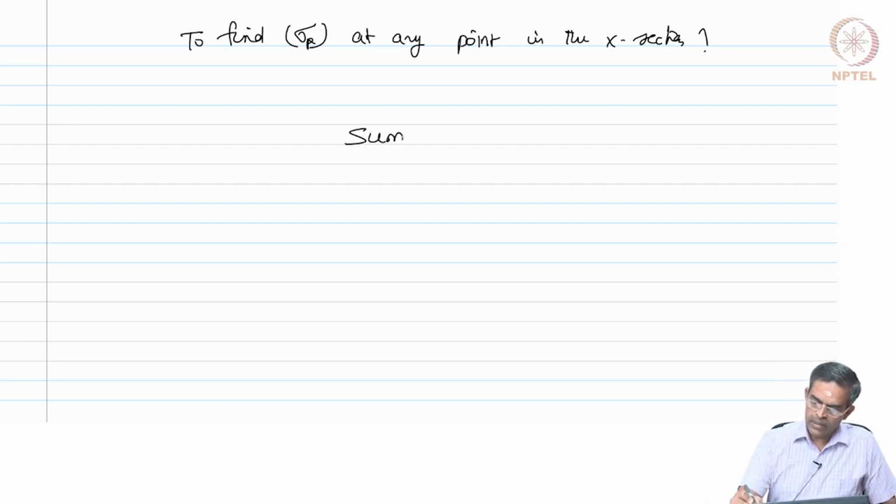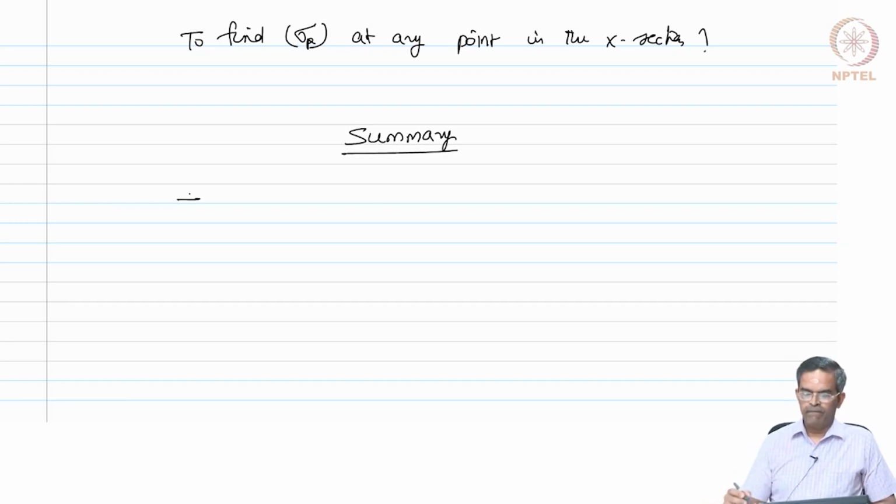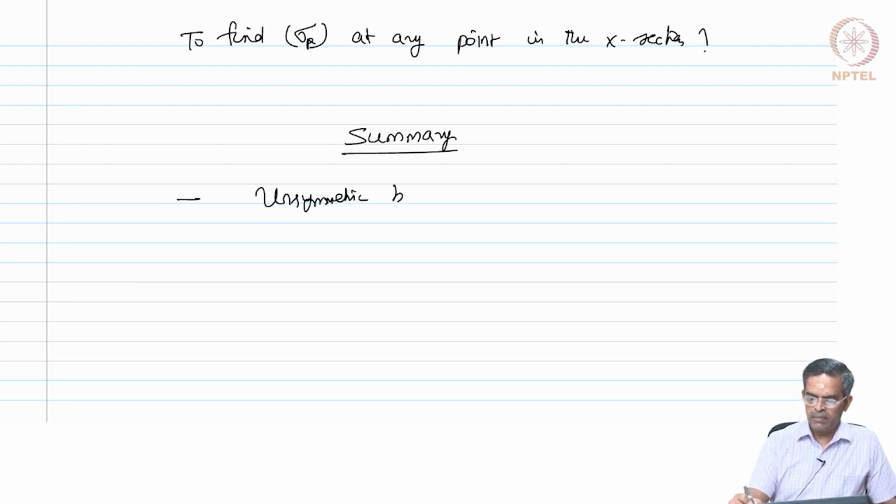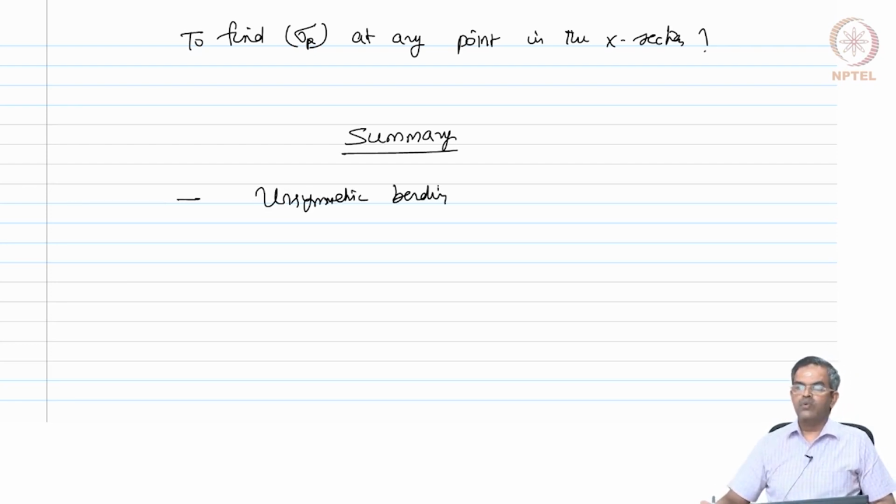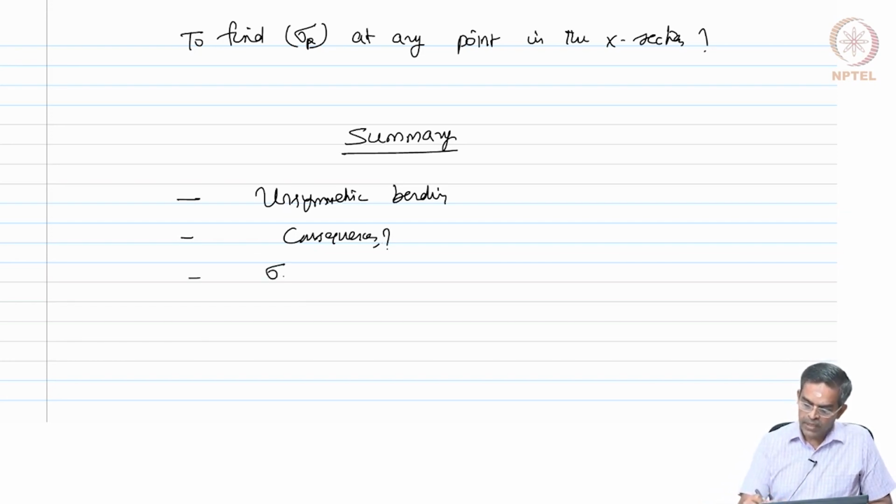Let us now write the summary of what we learnt in this lecture. We learnt what is meant by unsymmetric bending or non-uniplanar bending. We have also learnt the consequences if a member is subjected to unsymmetric bending. If I want to find the stress at any point P in a cross section of a member under unsymmetric bending, what do I do?